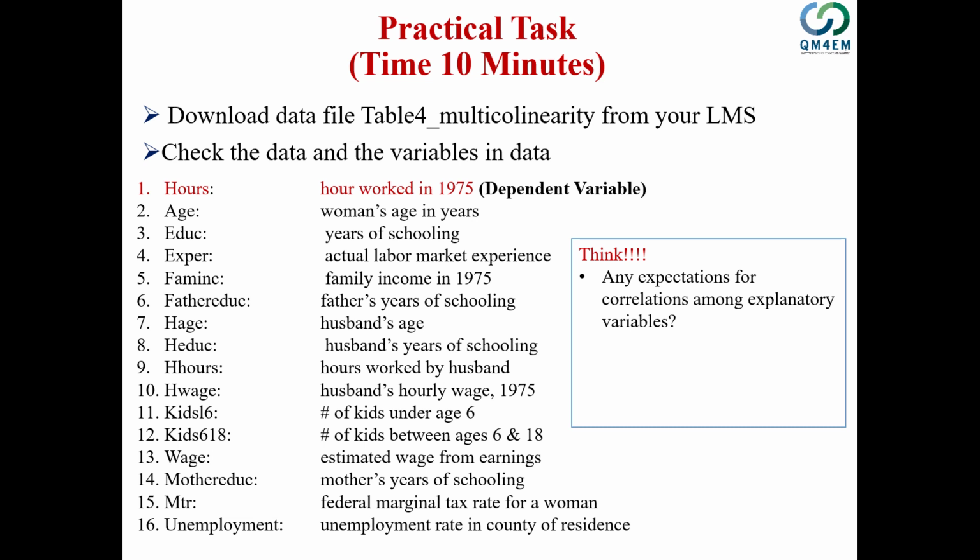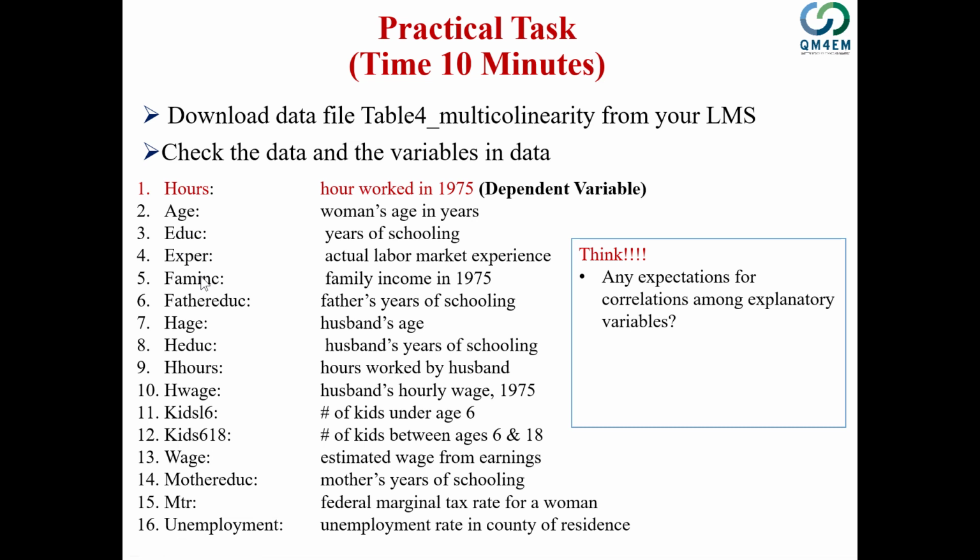So look into these variables, think that you are going to have a dependent variable, hours of work, and then all the independent variables, and think if any of these variables is linked with another variable.